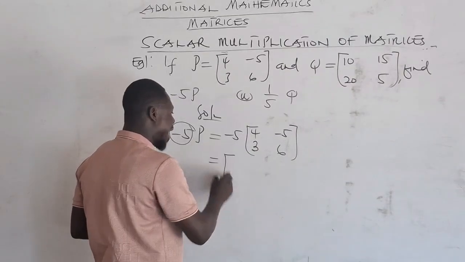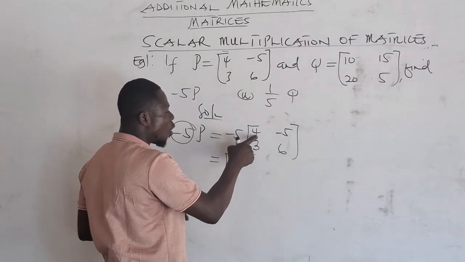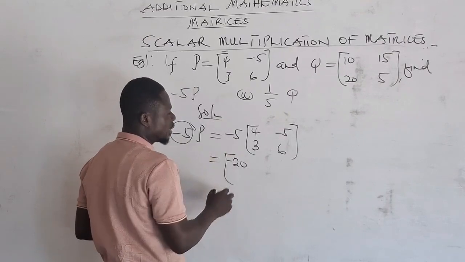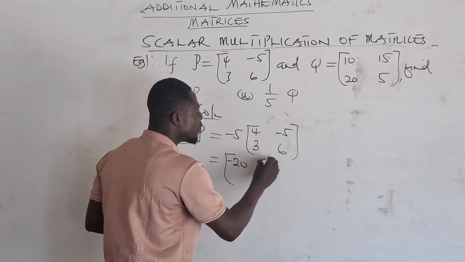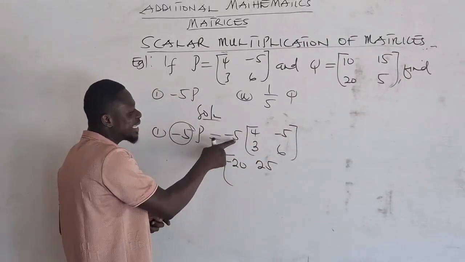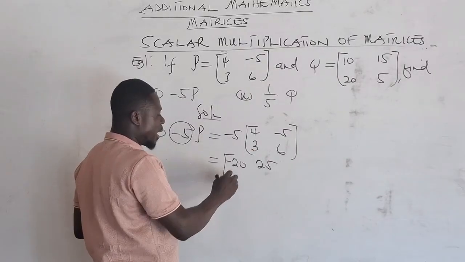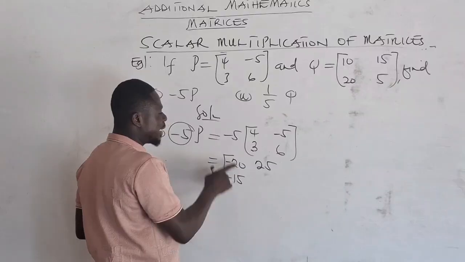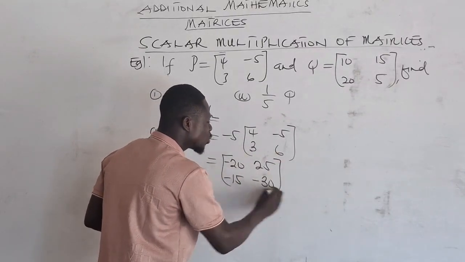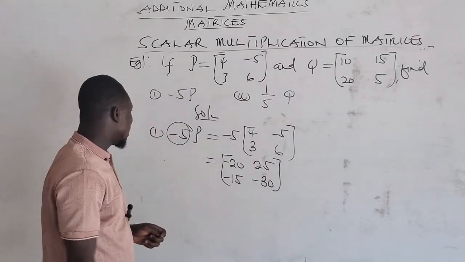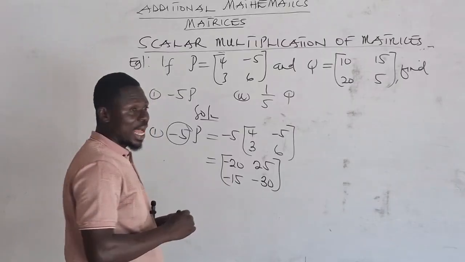So here we will have -5 by 4 will be -20. -5 by -5 will be 25. -5 by 3 will be -15, and -5 by 6 will be -30. So this will be the answer for the (i).